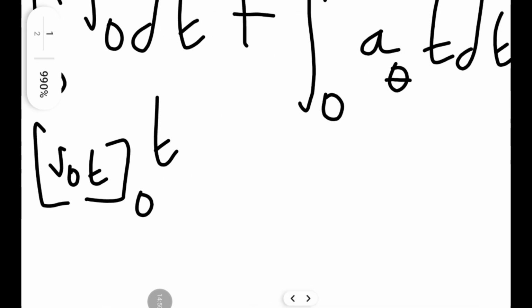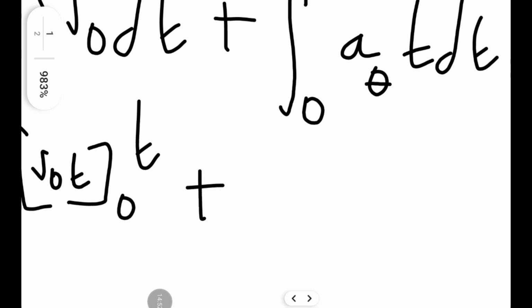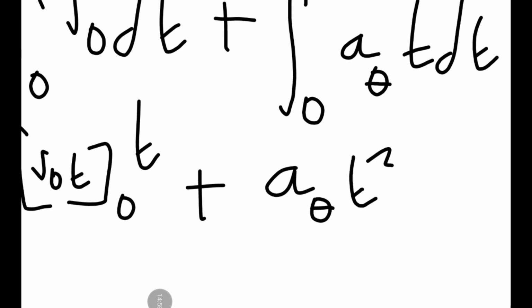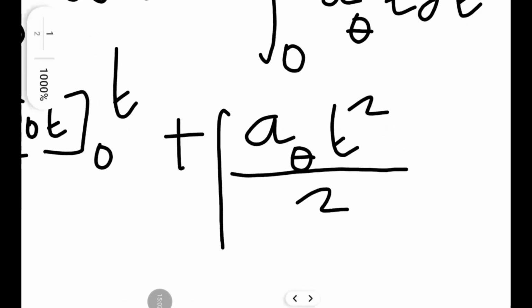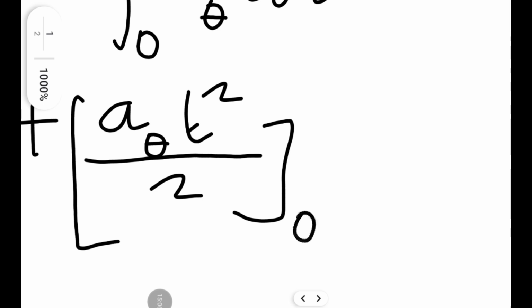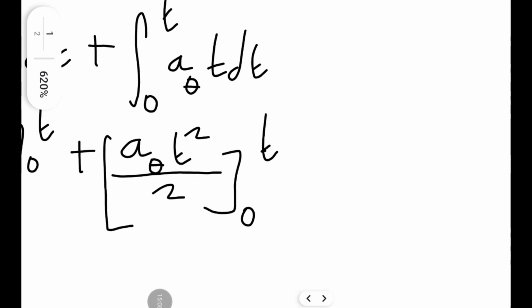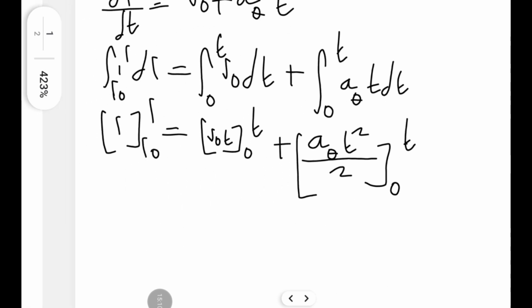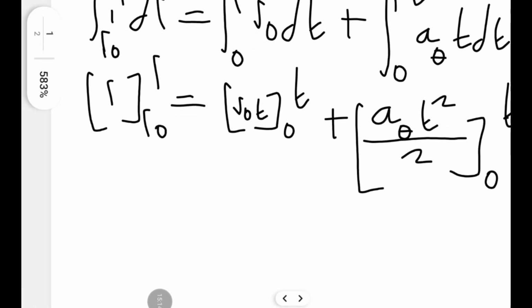Add, and this one's more interesting, a theta, and we know the integral of t is t squared over 2, between 0 and t. I'll be happy to do a video on integration if this is something you'd like me to cover. So we have it in this form now, and we are basically deriving SUVAT here.